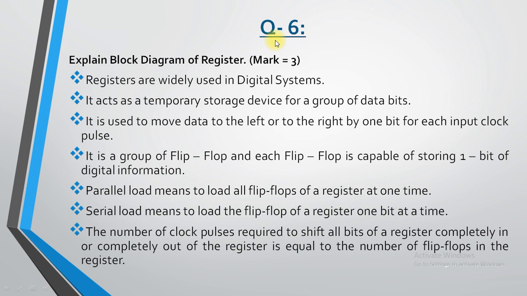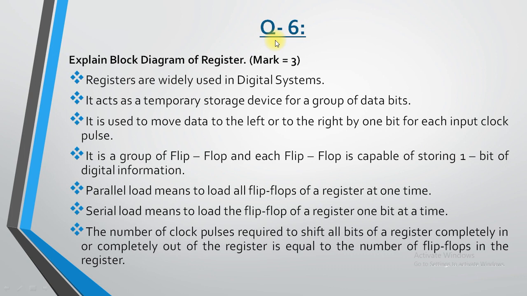And the last point is the number of clock pulses required to shift all the bits of register completely in or completely out. This thing I have already explained, that when you are going to input into the register, that is known as completely in. And when you are going to take all the data from the register, that is called completely out.